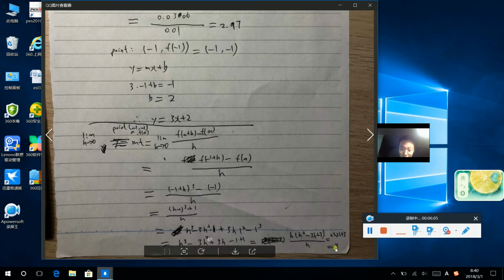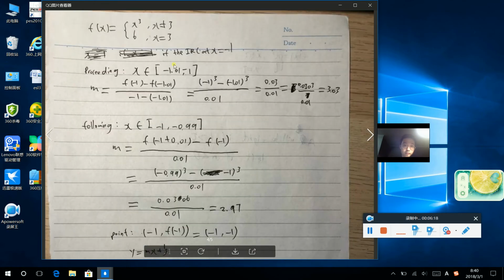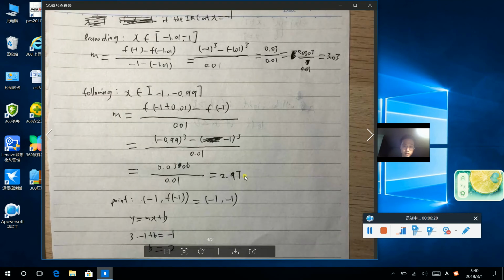Both of the answers are correct; they are identical. The tangent is 3, and for the proceeding and following method, when we get the average point, the tangent is also 3.